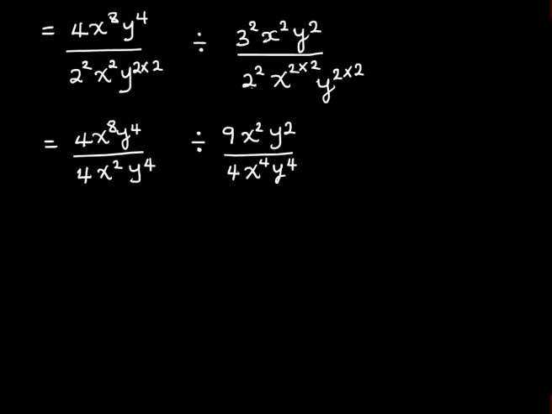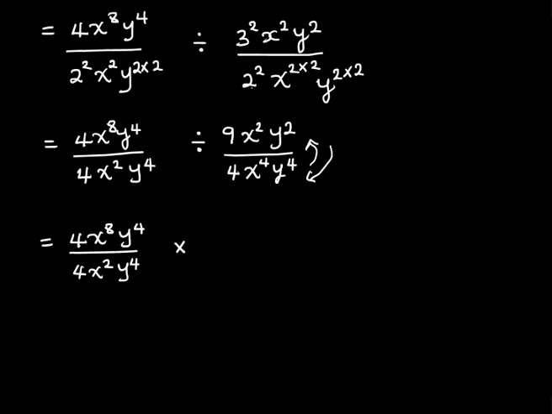So we can say that we have 4x to the power of 8, y to the power of 4, divided by 4x squared, y to the power of 4, times, we make the reciprocal, this goes up and the other one comes down.